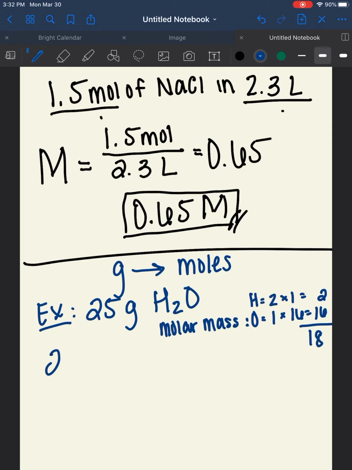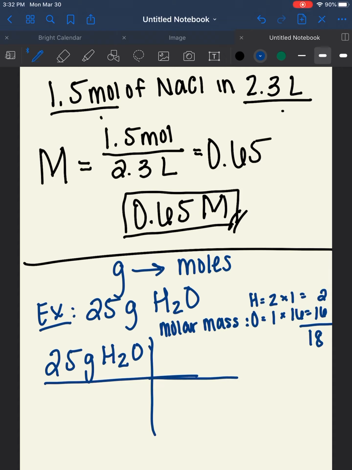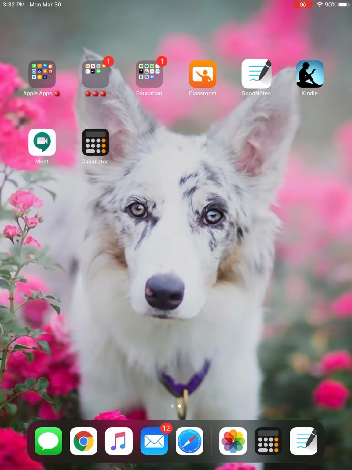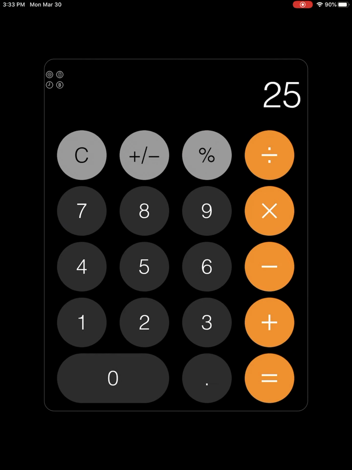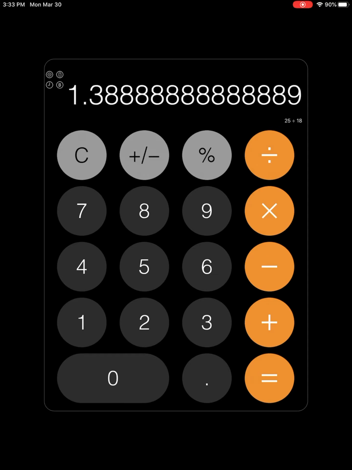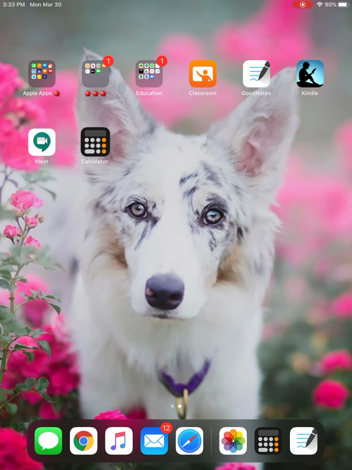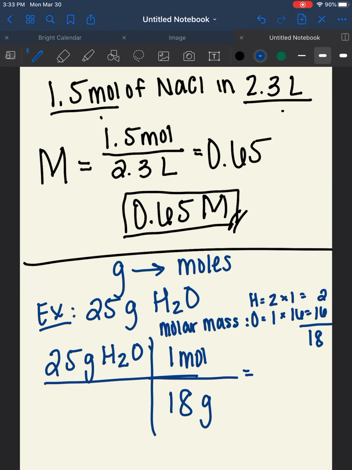So to go from 25 grams of H2O, you would need to divide by the molar mass. So 18 grams for 1 mole. Okay, so 25 divided by 18. Let me go back to my calculator. 25 divided by 18 is 1.38, so I can say 1.4 moles.